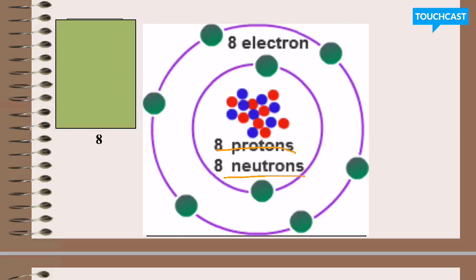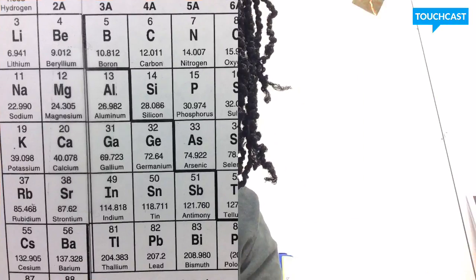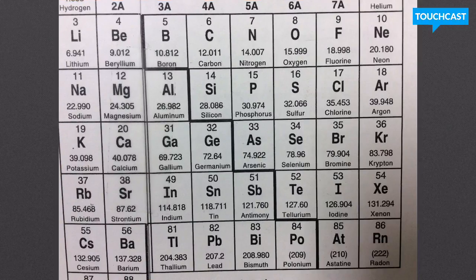So what I'm going to challenge you to do is pull out your periodic table. As I said, you have 8 protons, 8 neutrons, and 8 electrons. But let's look at this. Okay, this is a periodic table. So if I have 8 protons, what do I know? Think about it for a second.